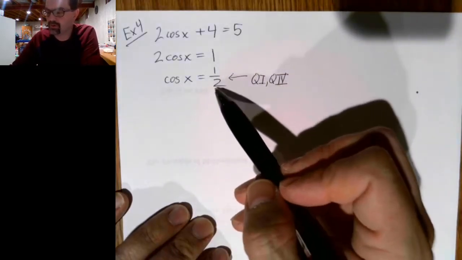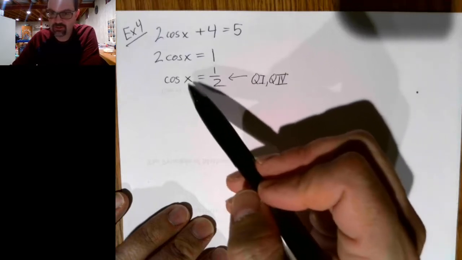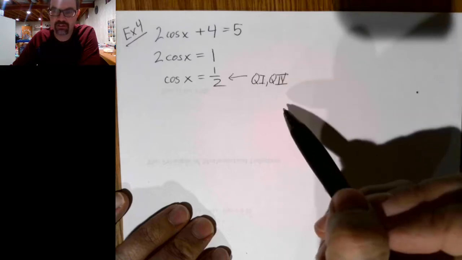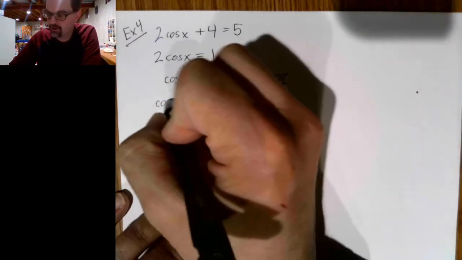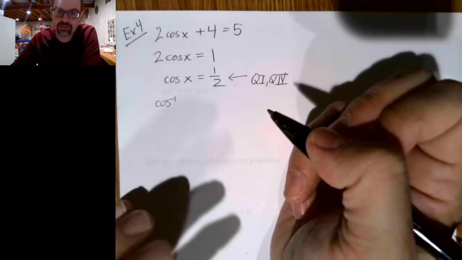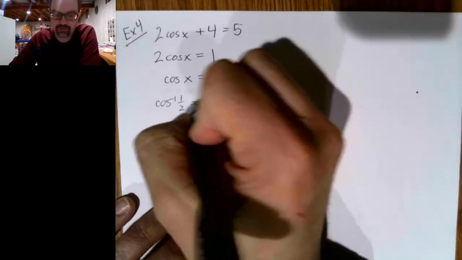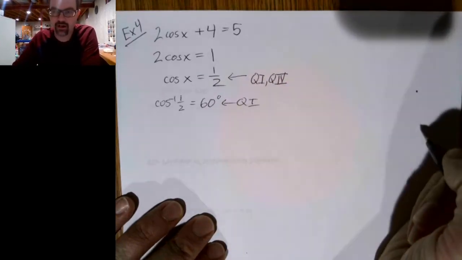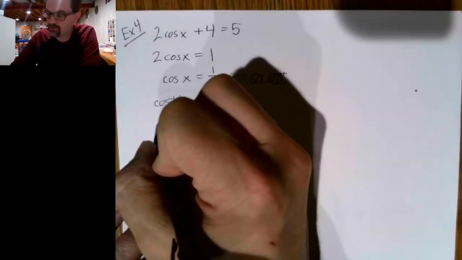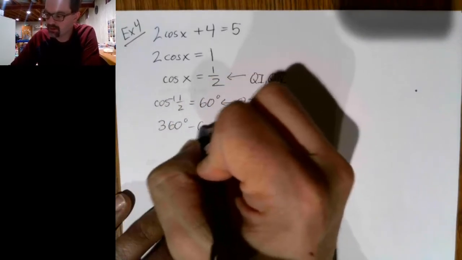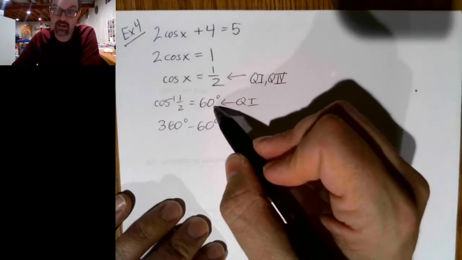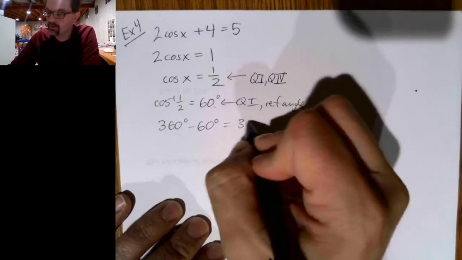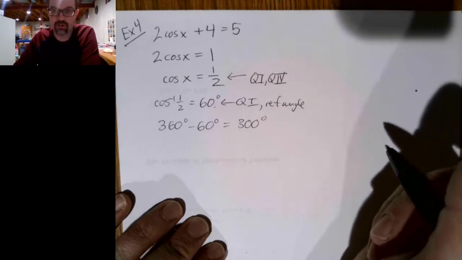Our strategy before was find the reference angle for solutions, and then use that reference angle to find the angles in those quadrants. Whether you look it up on your unit circle, inverse cosine of 1/2 is 60 degrees, and that would be our quadrant 1 answer right there. For quadrant 4, we would do 360 minus 60, so that's our quadrant 1 answer, and it's our reference angle. And our other answer would be 300 degrees.